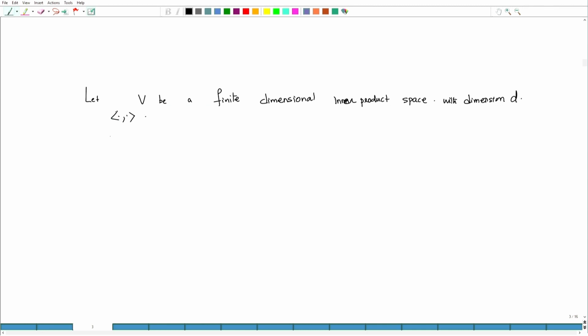So, you take a linear transformation T from V to V. T is said to be unitary if the inner product of TV and TW is equal to the inner product of V and W.